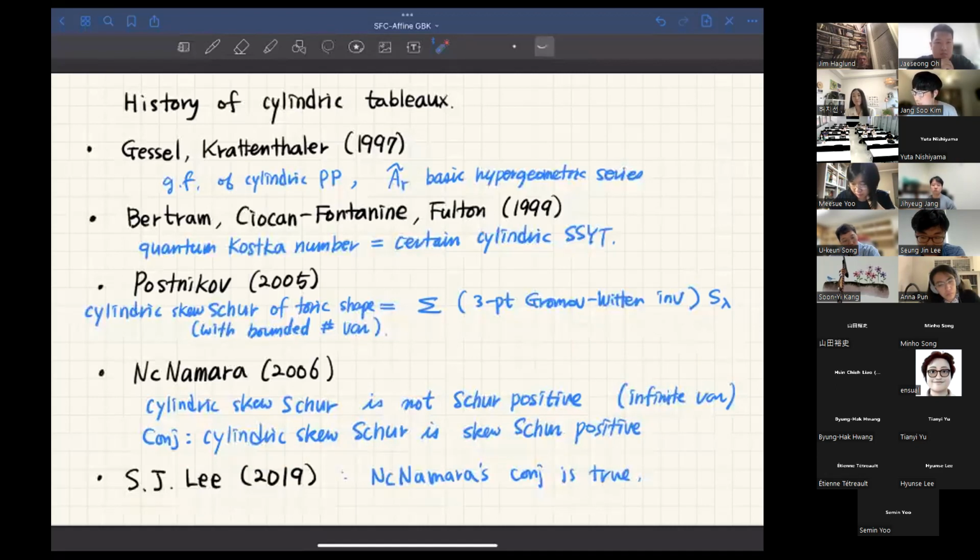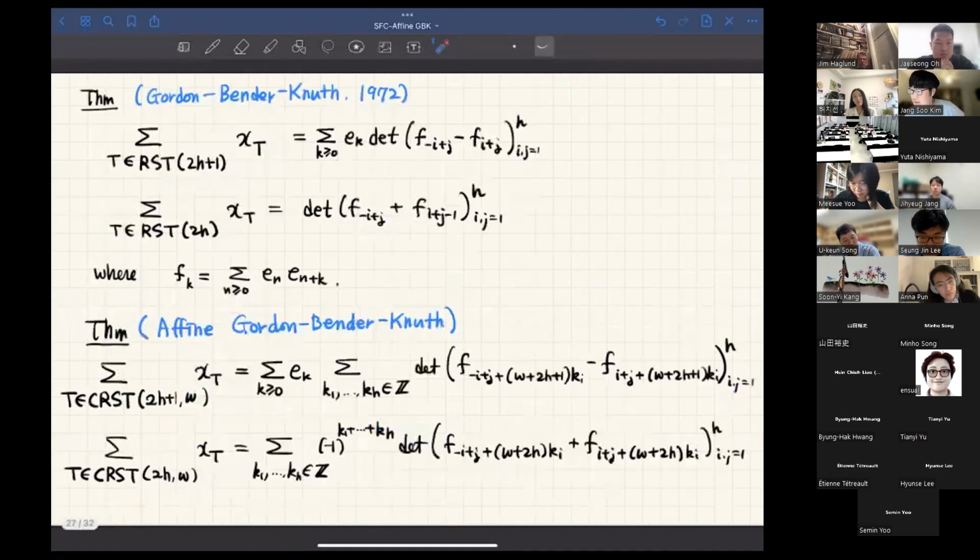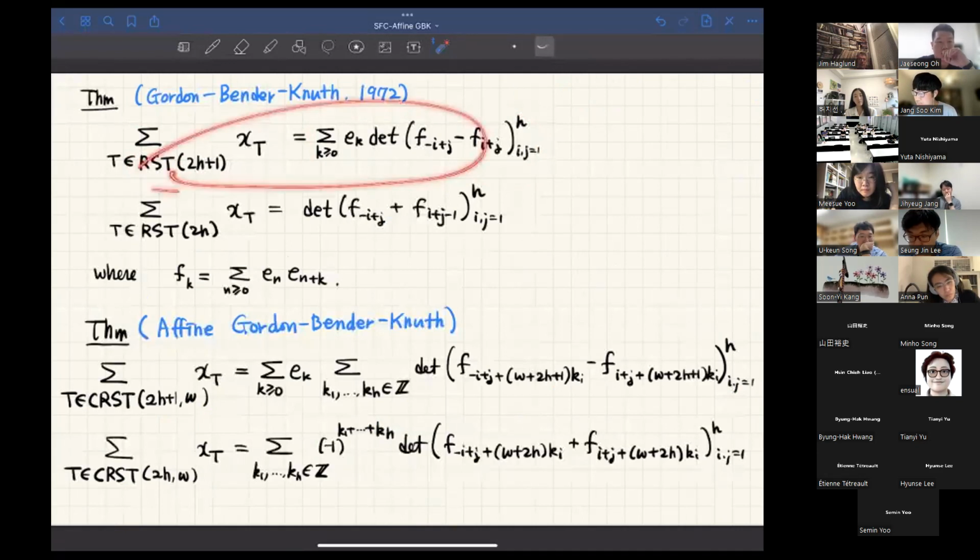Okay, now let me tell you our main result. So the Gordon-Bender-Knuth identity is basically saying that the generating function for row-strict tableau with bounded height equals some determinants. And our main result is the affine version of this.